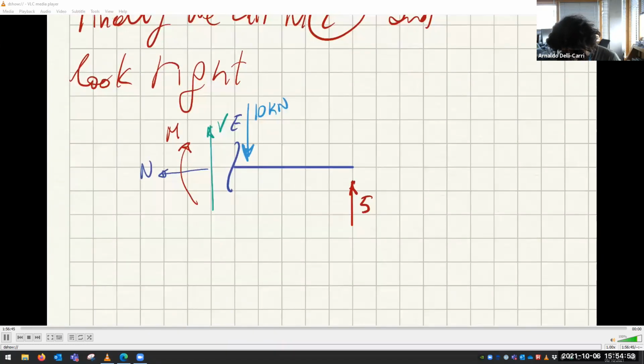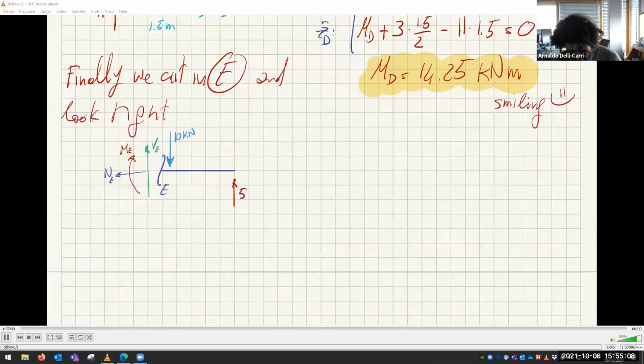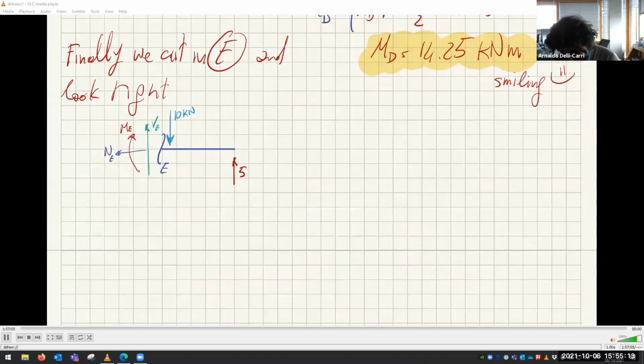Say that E is this. This is VE. And this is ME. What's this distance? Again, I believe this distance is the same. Yes, this distance is 1.5 meters. So we have everything sorted out. So equilibrium equations.